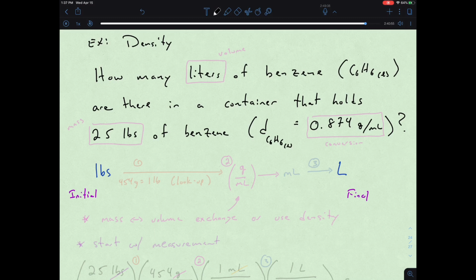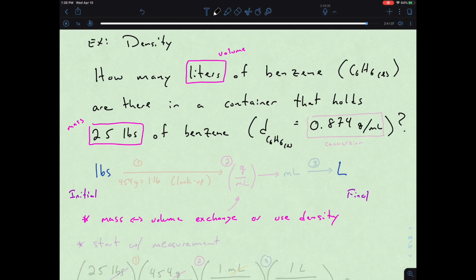And so as you can see, we're going between two distinct different styles of units, right? First thing to realize is looking at our values, we're talking about going between a mass and a volume. So we need to have a mass to volume exchange, or use density. So that's probably going to be coming somewhere in the middle of the equation, right?